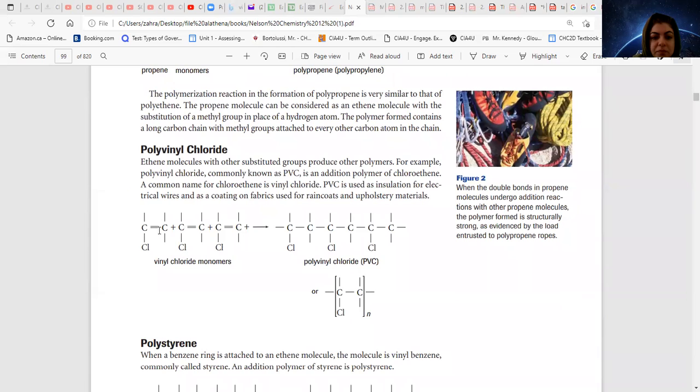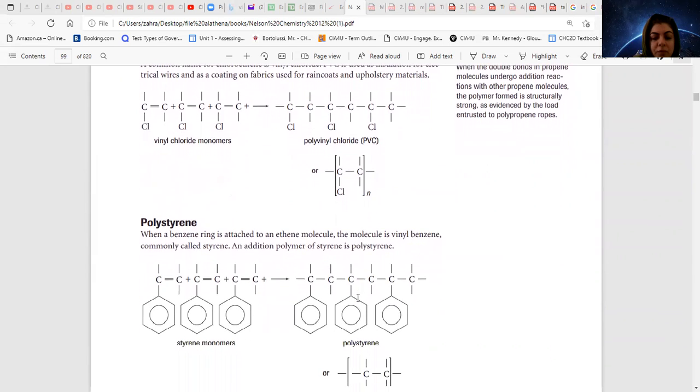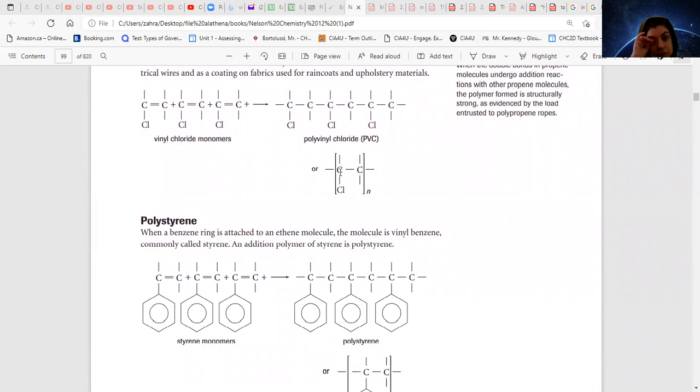So the double bond will break and the C and C connect to each other. So at this end, you have hydrogen. They didn't show that, but you just need to imagine this is hydrogen at this end. Anyway, this will be your subunit. So it's going to be your monomer. Your monomer is going to be chloroethane.